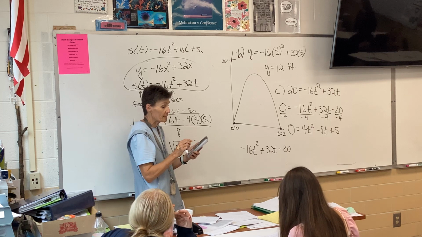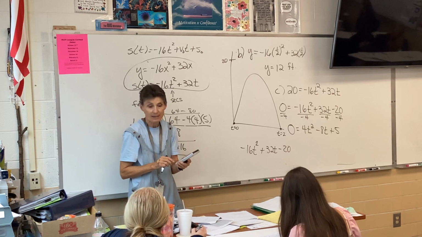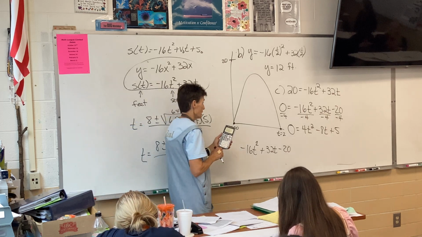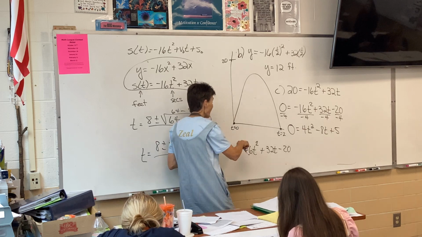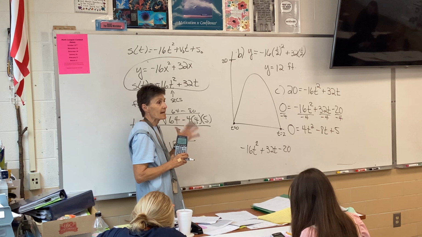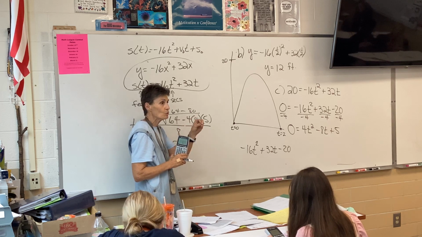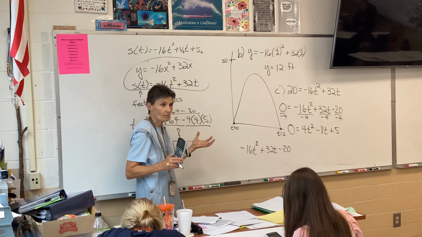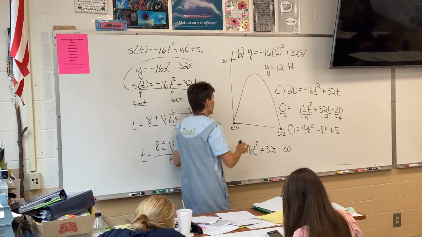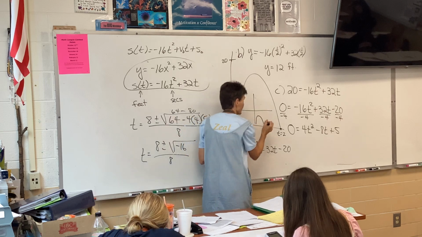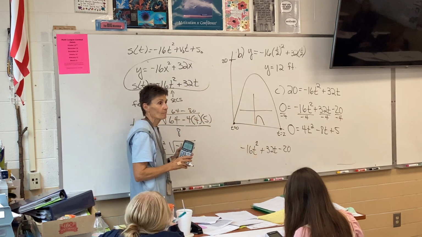When I put this into my calculator in a standard window, so I zoom 6 to get back to just a normal window, not a messed up one, what I saw on my calculator was something that looked like this.